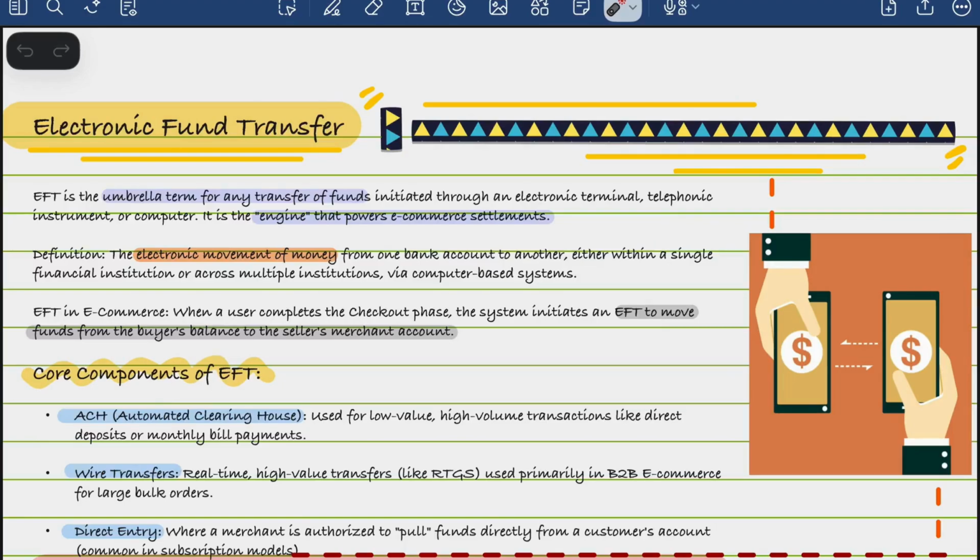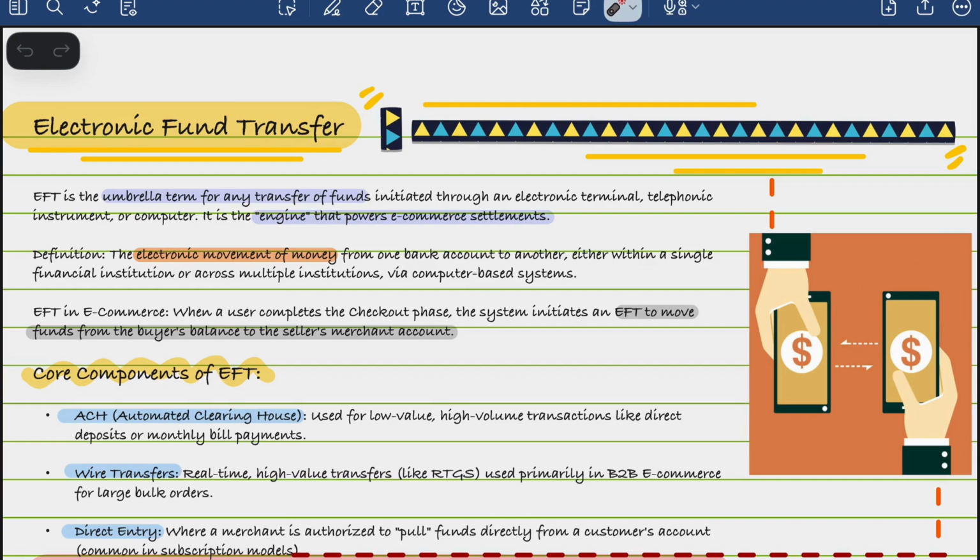So this brings us to a massive past year question: what is an EFT and how does it work? EFT, electronic fund transfer, is an overarching technical engine behind all e-commerce settlements.